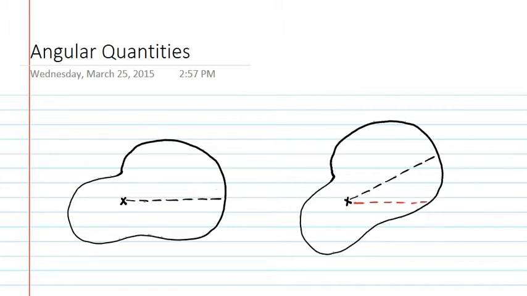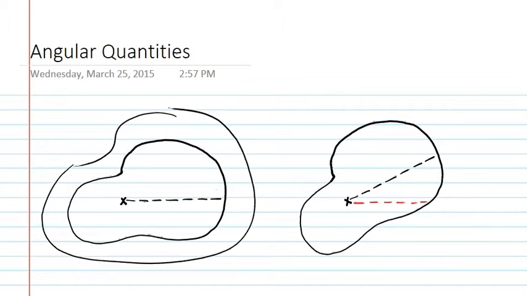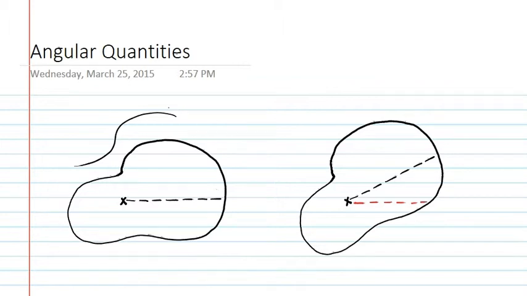Let's suppose that we have an object, kind of a little bit of potato shape or something, and we sketch on the object a little reference line. Maybe get away with calling that the RL. The reference line helps us to see how the object is oriented.